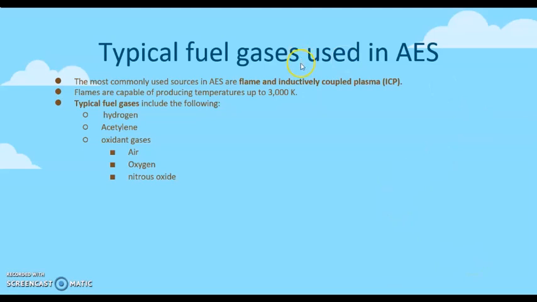Typical fuel gases that are being used in atomic emission spectroscopy, we have the flame and inductively coupled plasma. What we use are typical fuel gases such as hydrogen, acetylene, and oxidant gases. Namely, we have the air, oxygen, and the nitrous oxide.